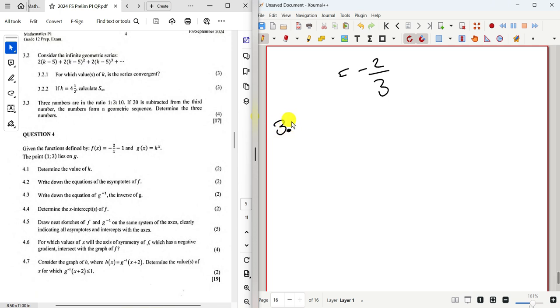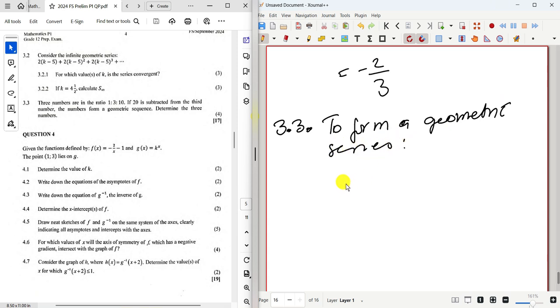So 3.3. Three numbers are in the ratio 1, 3, 10. If 20 is subtracted from the third number, the values form a geometric series. So to form a geometric series, we can call them like this. Because they are ratios, we can put x or k.